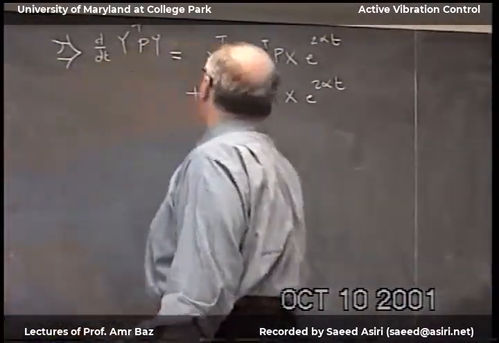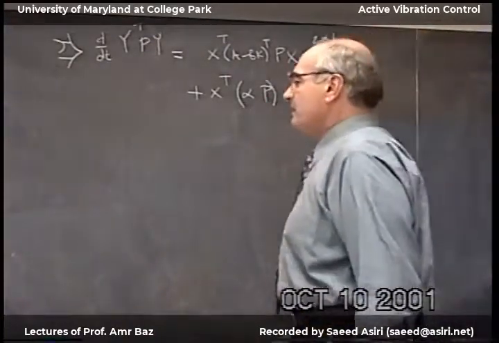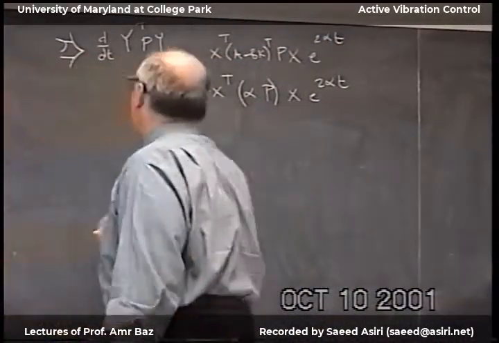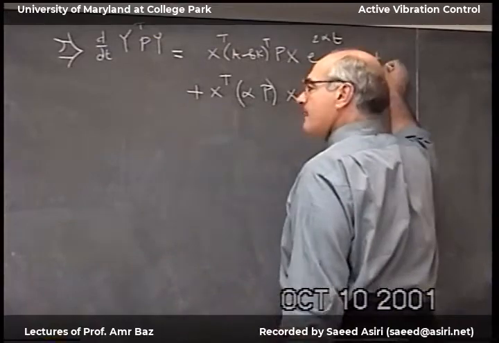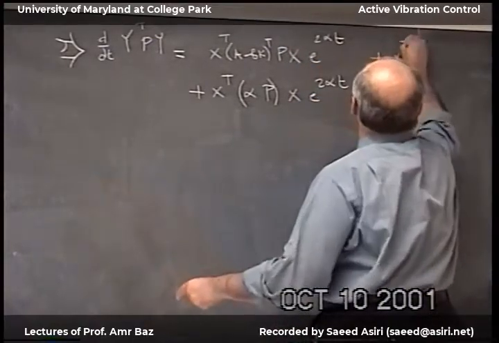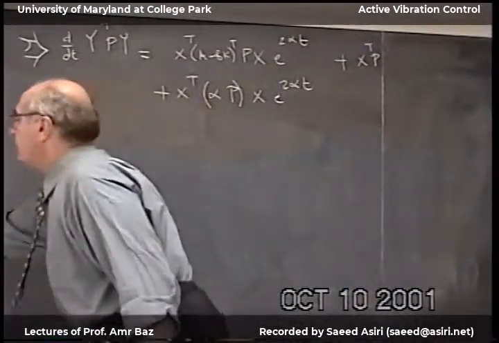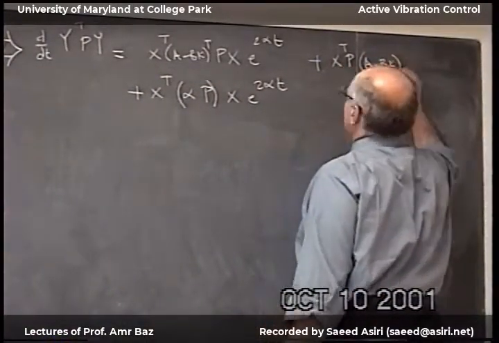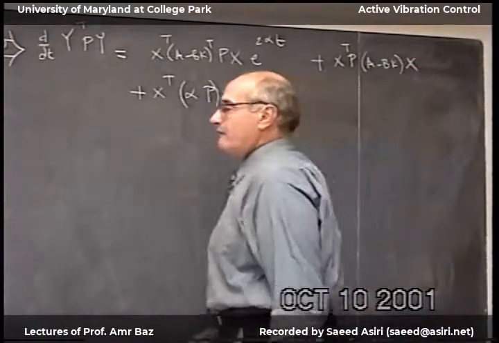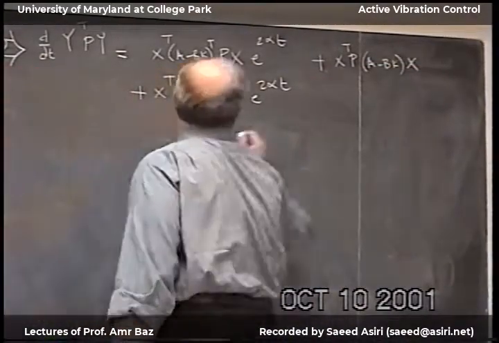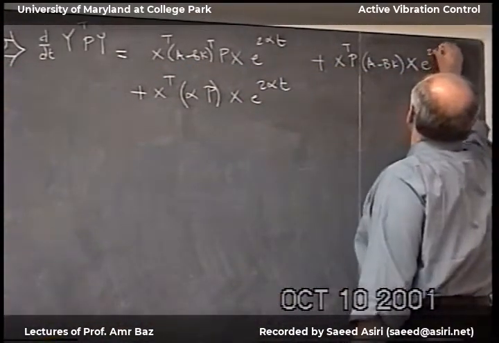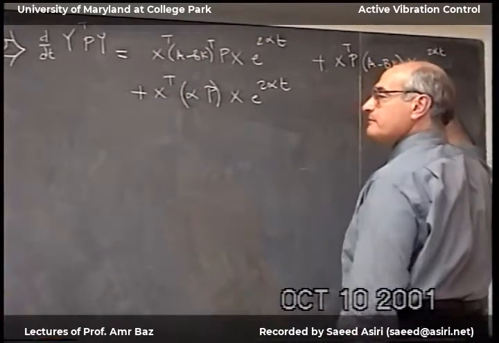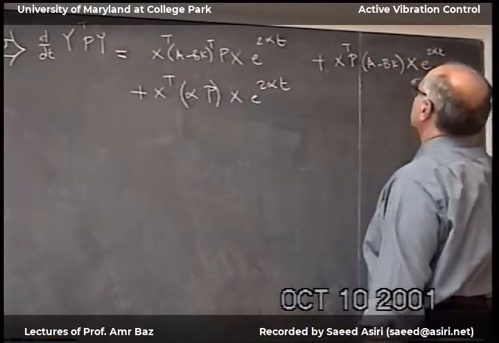And then the second part of the same story will have two terms. The first term will be here x transpose p, and then the x dot are replaced by a minus bk and x, and then I have two exponentials, e to the 2 alpha t, and then the last term is here.